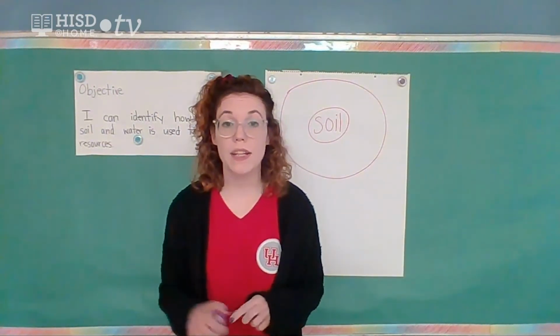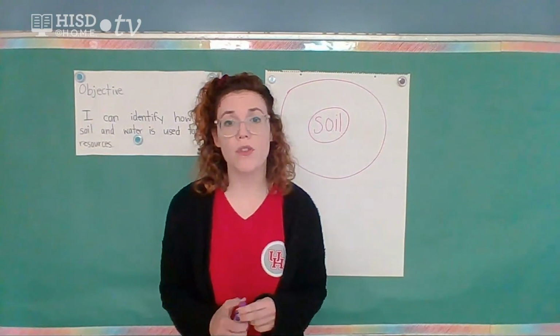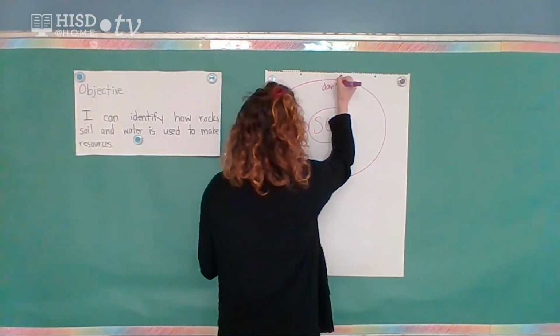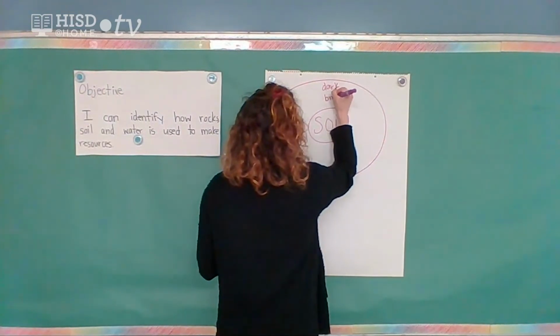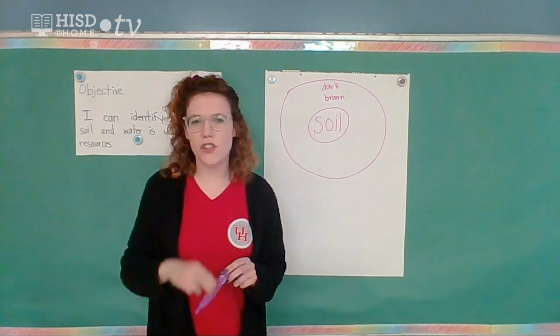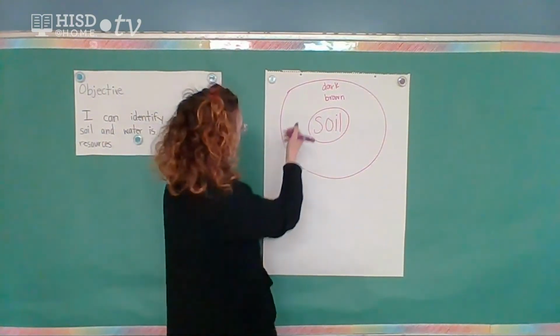All right, some things we can write about soil. It's usually brown or dark brown. It's not very smooth. It's usually rough or bumpy.